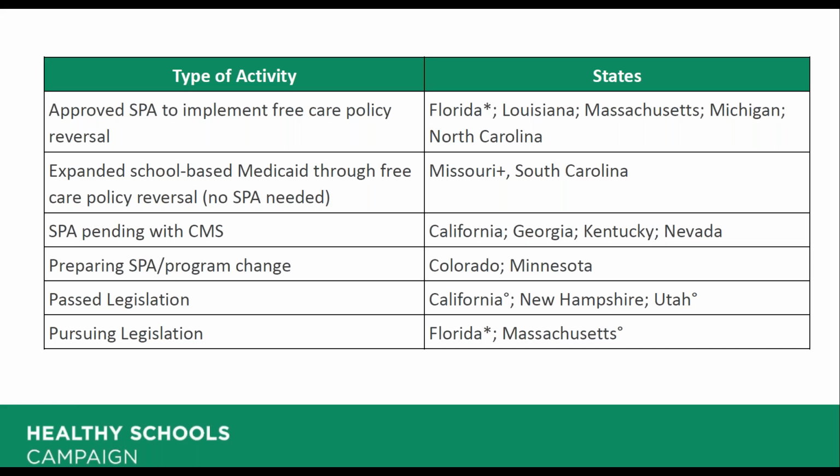I will just note there are a handful of states too that have taken a legislative approach to moving this forward. And that varies from pursuing legislative changes such as Florida, to change state statute to enable districts to bill, to Utah, which is an interesting example.